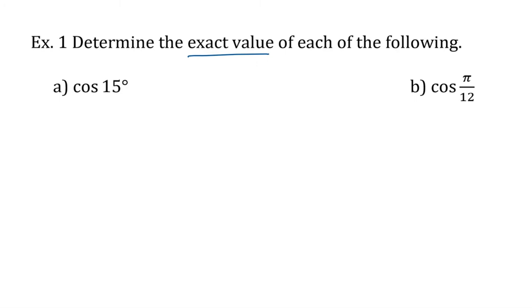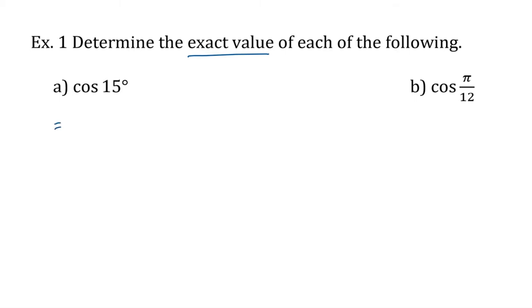So I have to come up with a sum or a difference between those three that gives me 15. And this is why it's useful to start in degrees, because it's pretty obvious, right? You've got two options. 45 minus 30 is 15, or 60 minus 45 is 15.